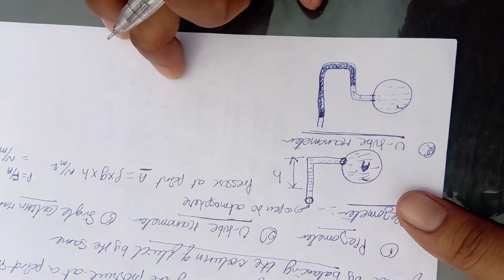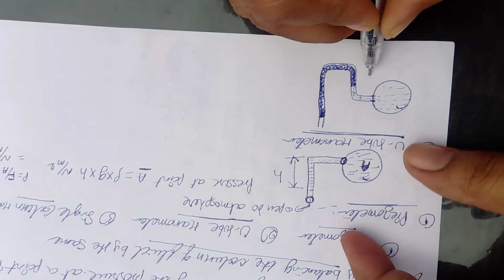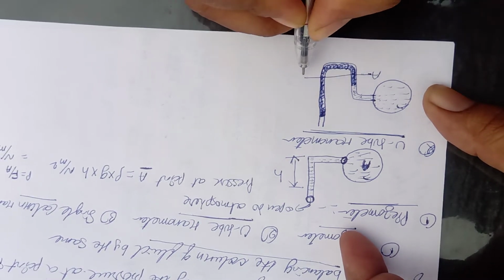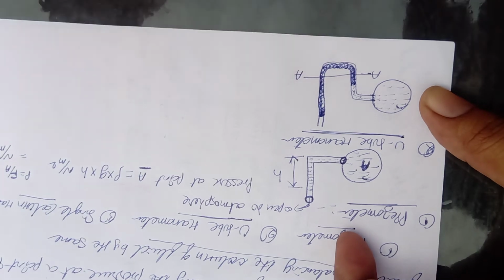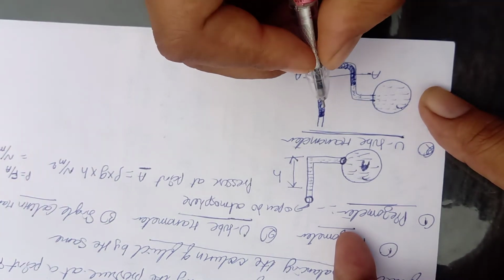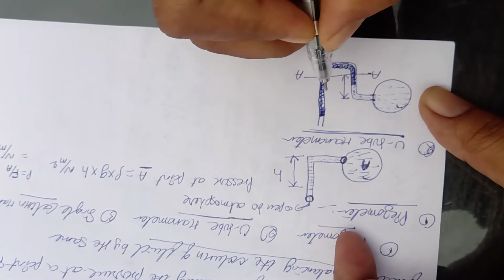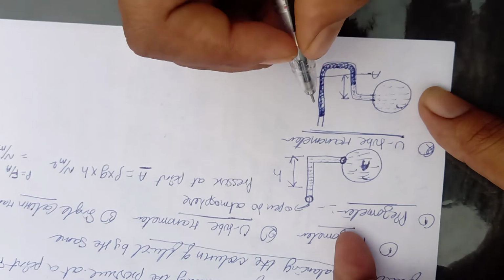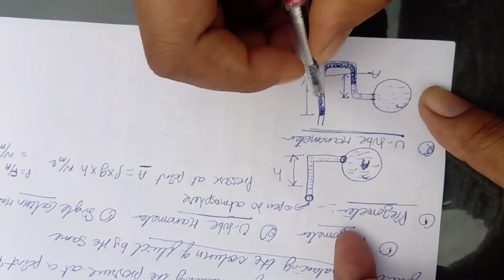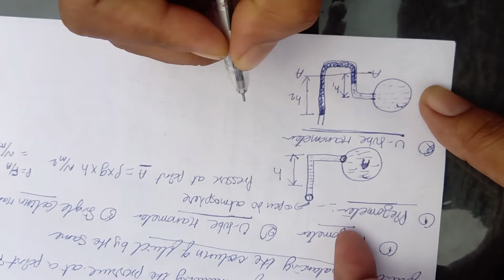So let us take some reference point, or we can say a datum line. If this is my datum line AA, and this is the height towards my left limb, let this one be named h1 and this is h2.